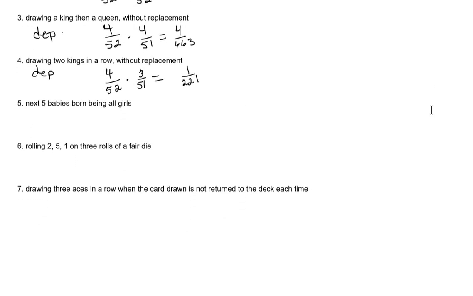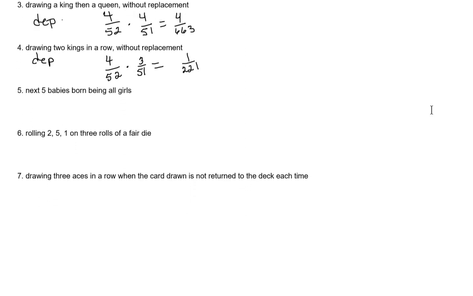Okay, problem number 5, the probability that the next 5 babies born are all girls. Well, it doesn't matter whether you have 1 child or 17. The chance that it's going to be a girl is always 1/2. So these are independent events. Probability of getting a girl for your first child is 1/2.